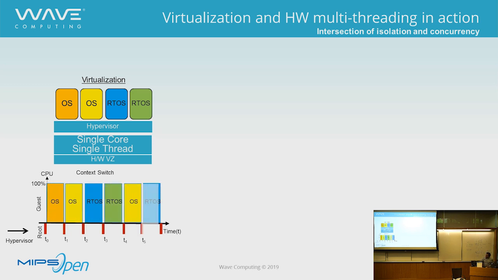Since the intervals are pretty small from the application perspective, you don't notice that you're switching, but effectively you're switching from one application to the next. And there is what's called a hypervisor that you see. The function of the hypervisor is to switch these contexts. When you're only using a software mechanism to do that, there is a lot of overhead.